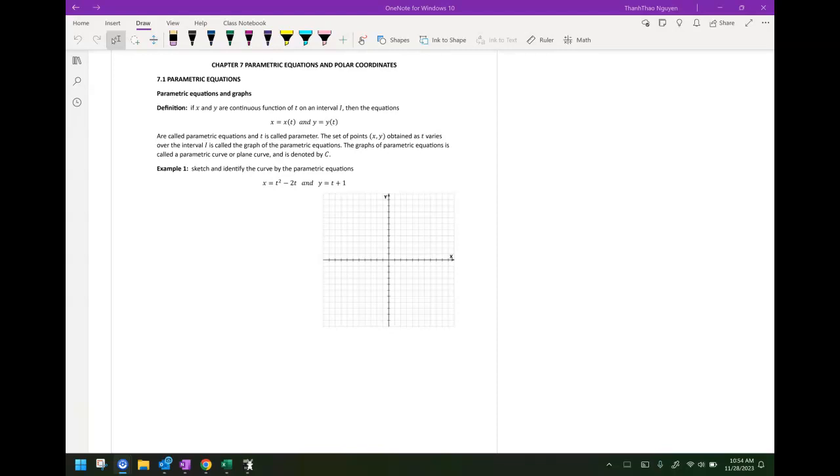Sketch and identify the curve by the parametric equation. So first we will make a table of values. We will choose values for t and calculate the values for x and y.